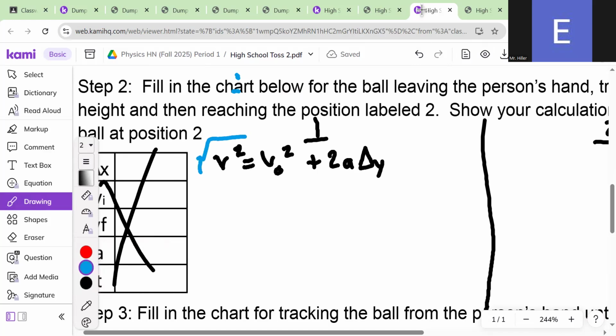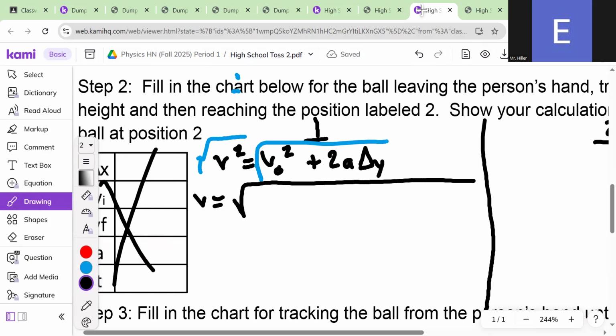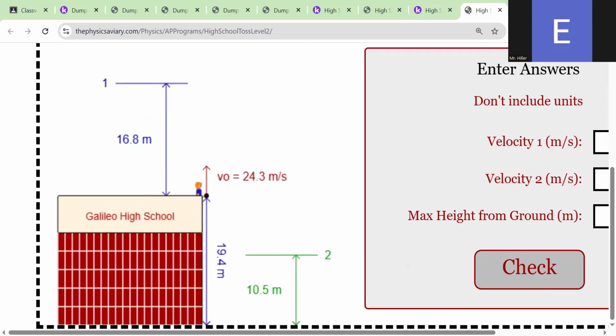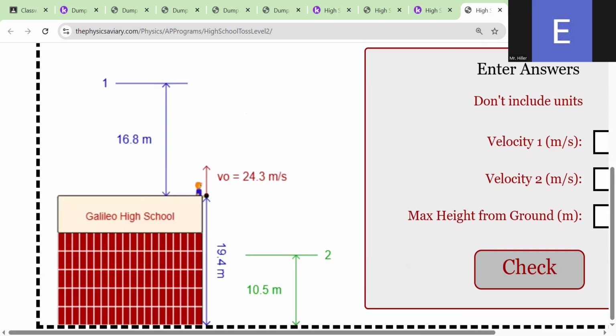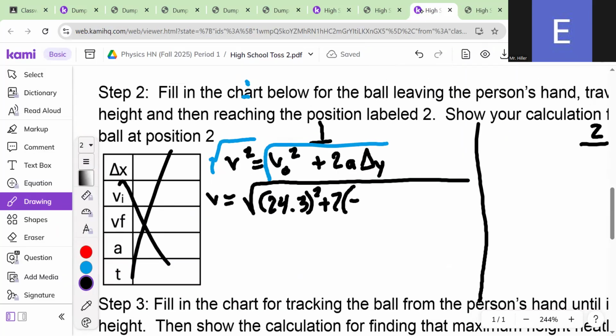We square root both sides. And v equals the square root of, plug in your values. For me, it's going to be 24.3 squared plus 2 times, now I believe I have to use negative 9.8 in this one.